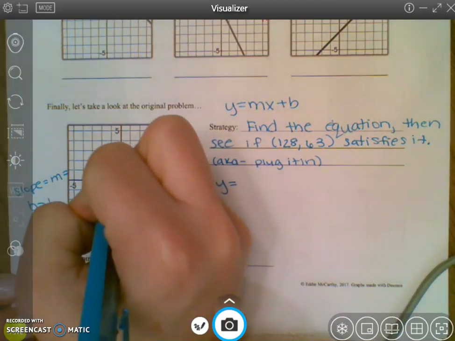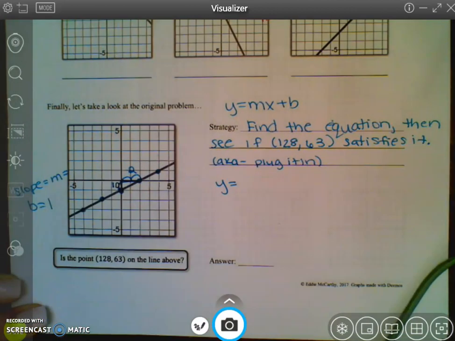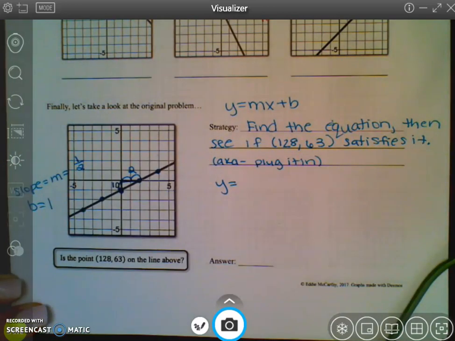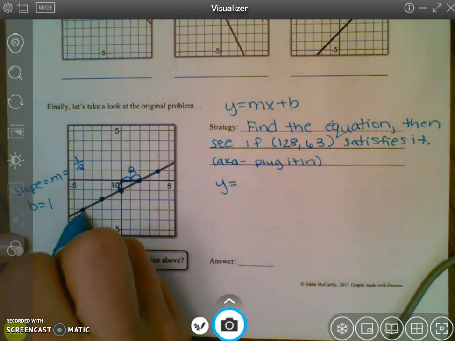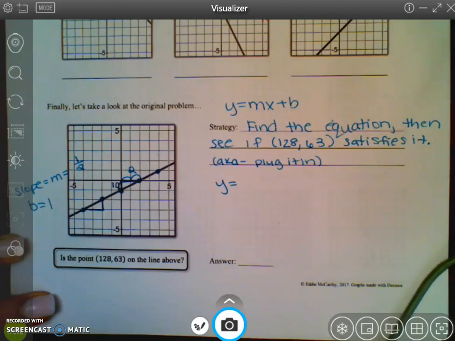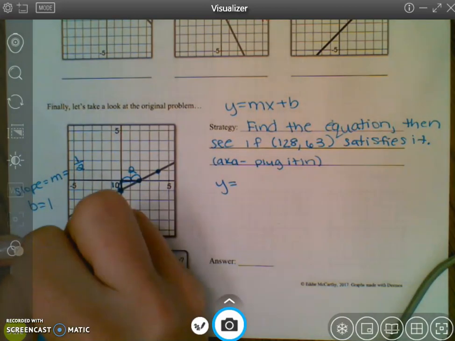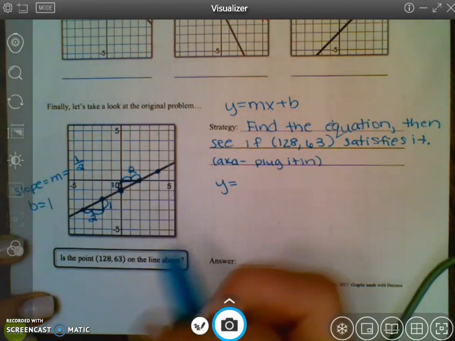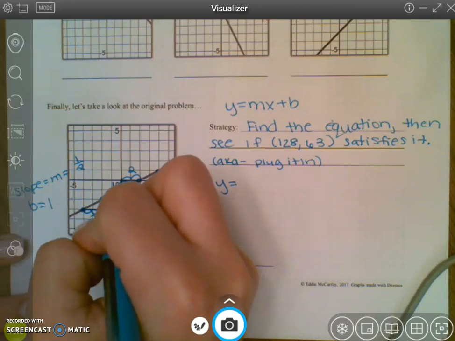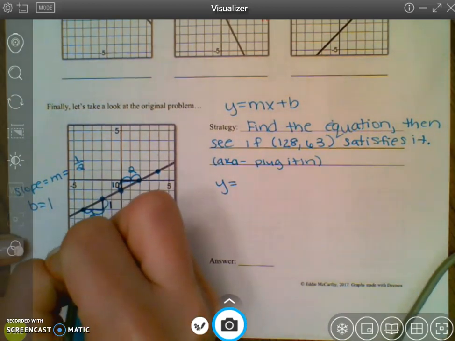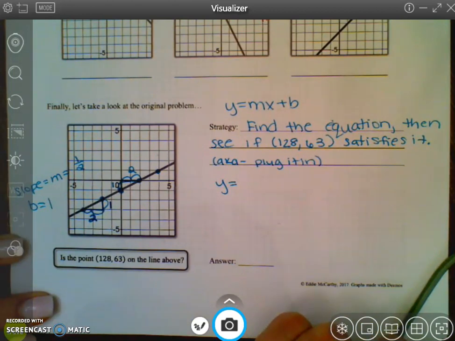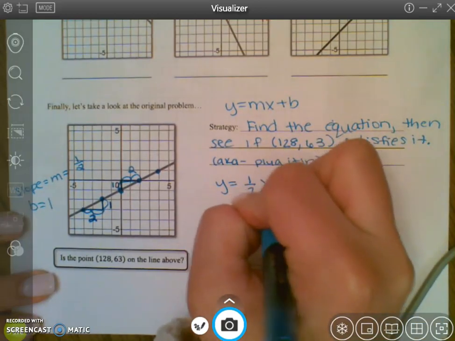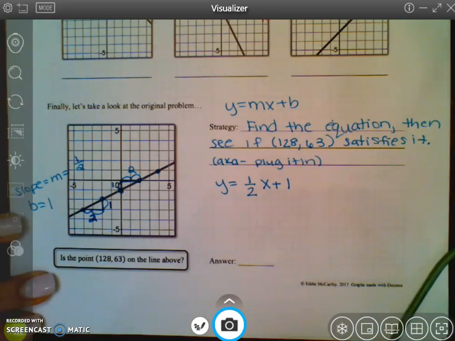So it went up 1, and I had to go over 2. So my slope is 1/2. Rise over run. You could have chosen down here. Remember, it doesn't matter which way you make your triangle. It can be below or above. So this one I had to go over 2 and up 1. But remember, it's always rise first. So this 1 is your rise, and this 2 is your run. So I have everything I need. y equals my slope, 1/2 x plus 1.